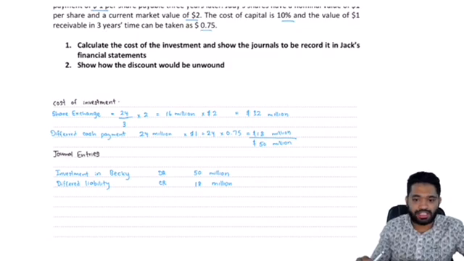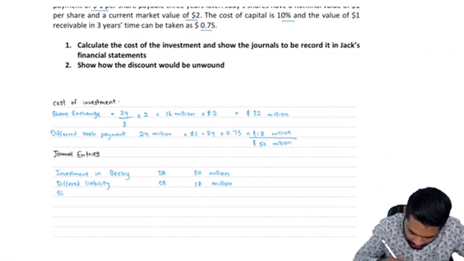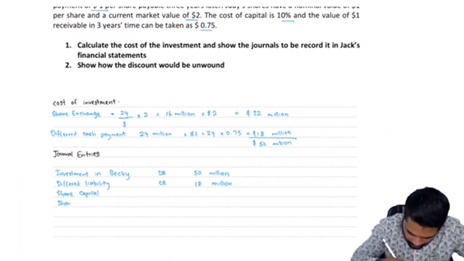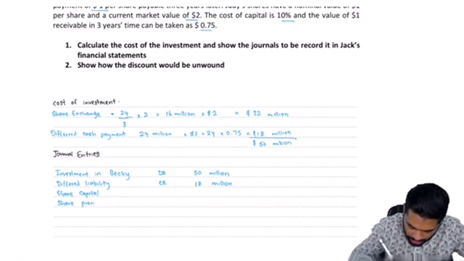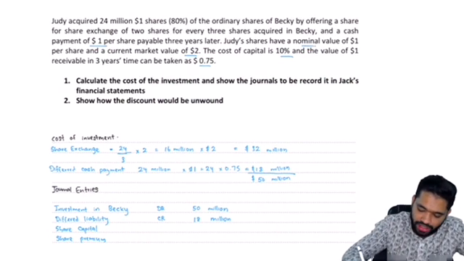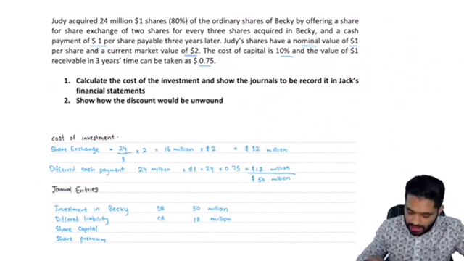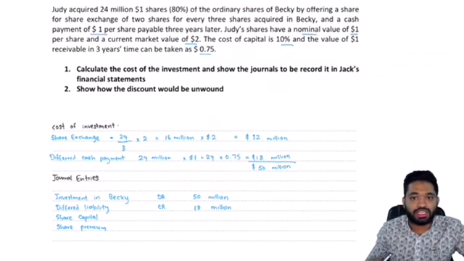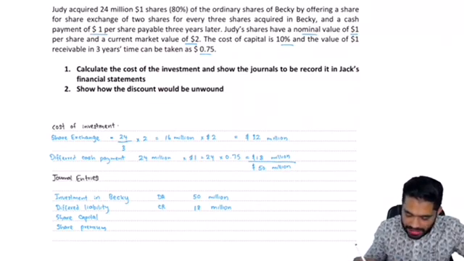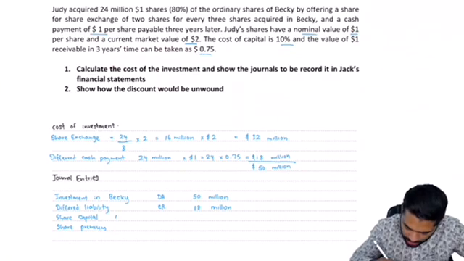Now here you have a share exchange. So when you have a share exchange, the shares will be valued at the share capital and the share premium. So the market value of a share was $2 while the nominal value was $1. So the share capital will always use the nominal value. So the parent has issued 16 million shares. So 16 million shares valued at $1 each.